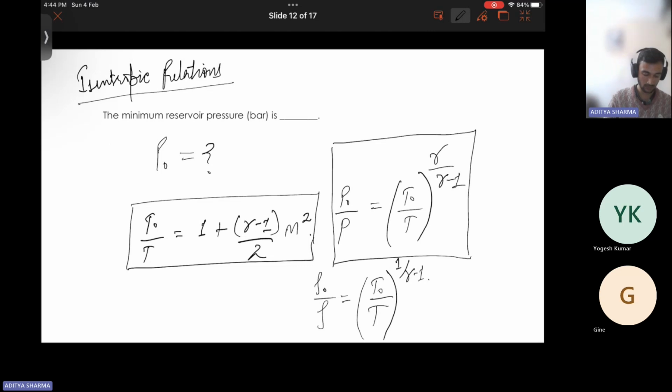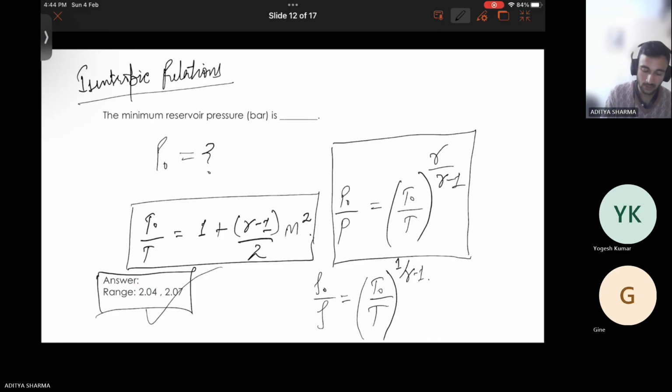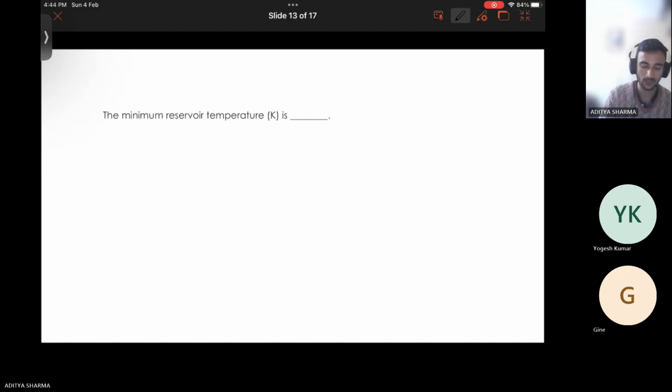The range has been given, 2.04 and 2.07. So our answer is 2.05. That falls in this range only. Moving on to the next question.